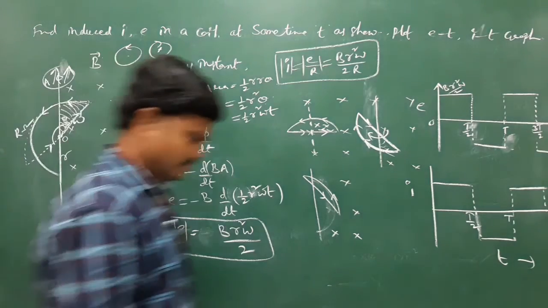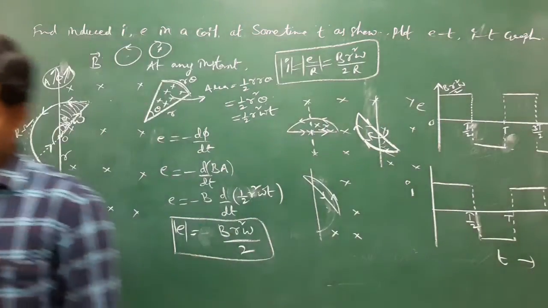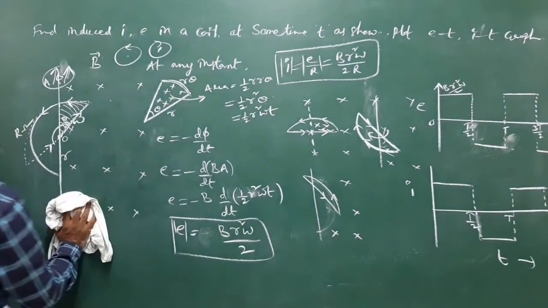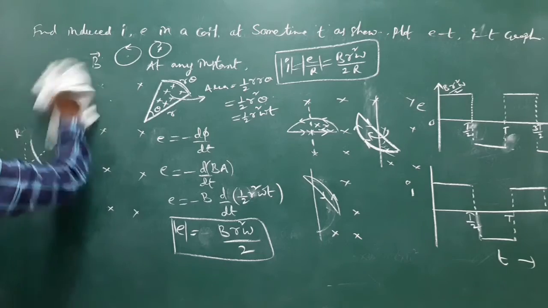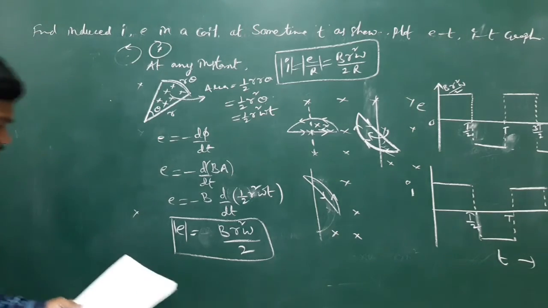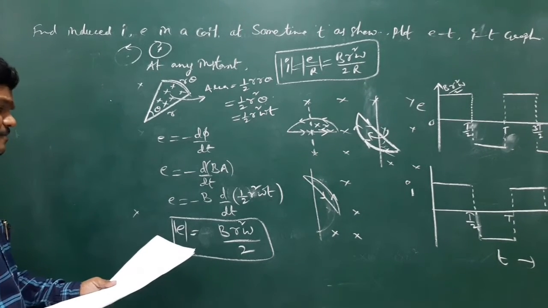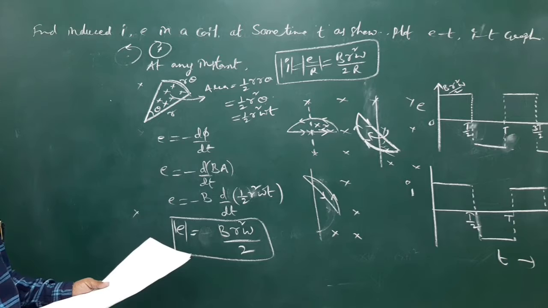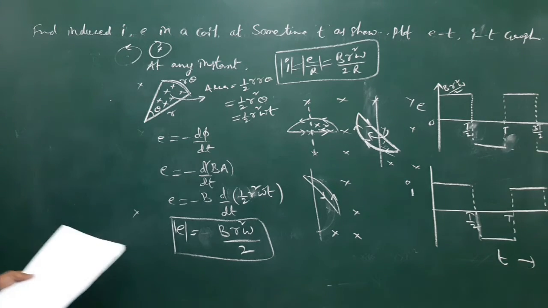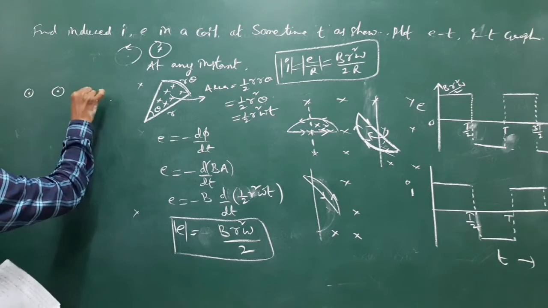You try one more same question. So the question pattern is same. Find induced current and EMF at any time as shown in the figure and plot the E-T, I-T curves. Now I am going to draw the diagram. So the diagram looks like this. You try this.